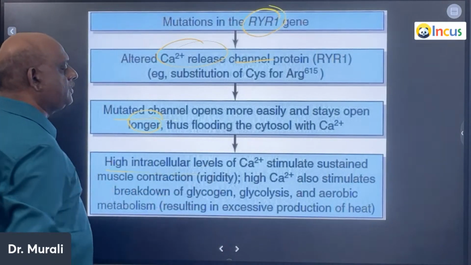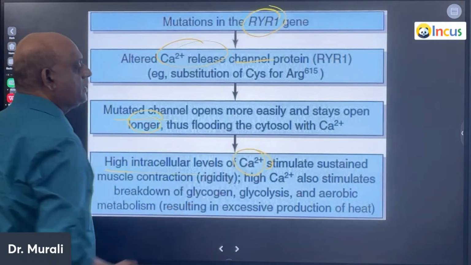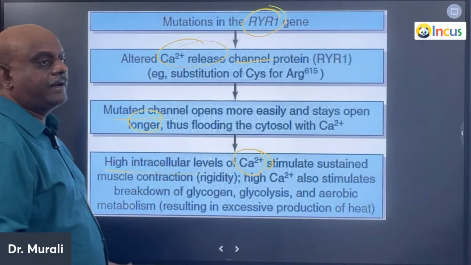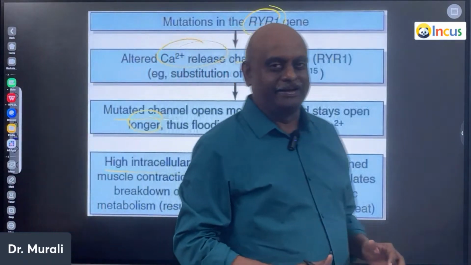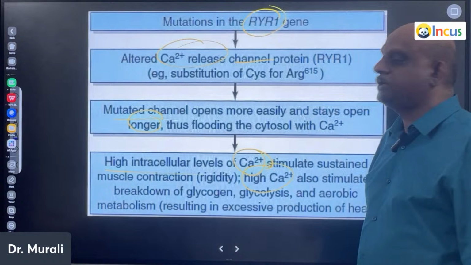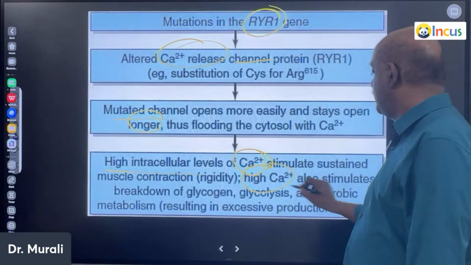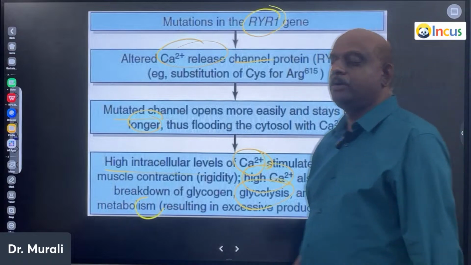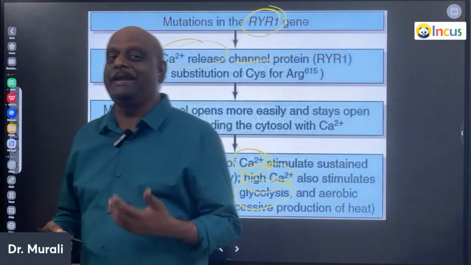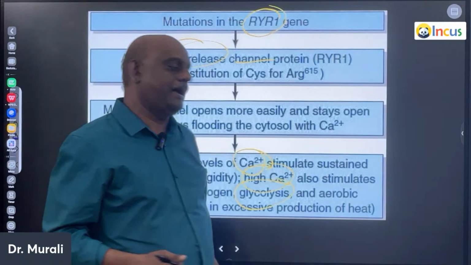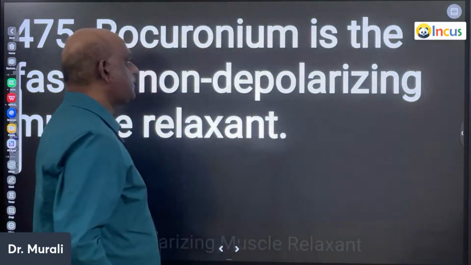The high intracellular levels of calcium stimulate a sustained muscle contraction, which leads to the development of rigidity in malignant hyperthermia. Also, the high calcium stimulates the breakdown of glycogen, leading to glycolysis and aerobic metabolism, leading to excessive production of heat. That's the reason it is called malignant hyperthermia, is what you need to understand.